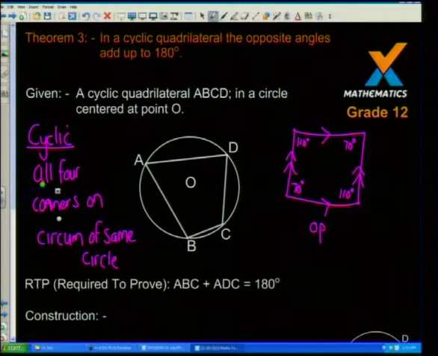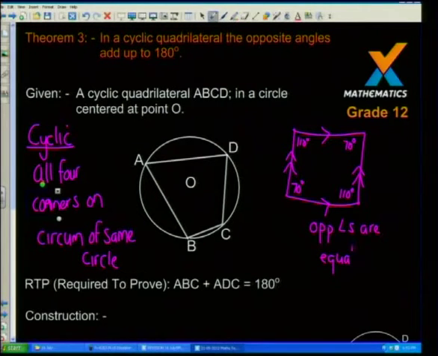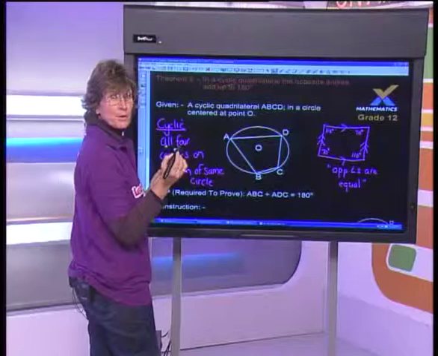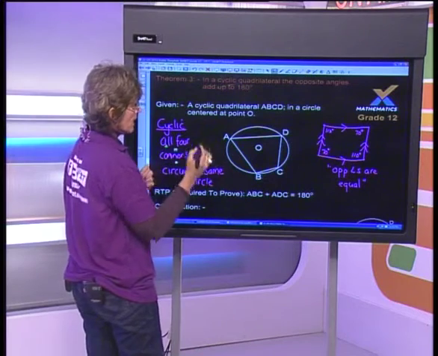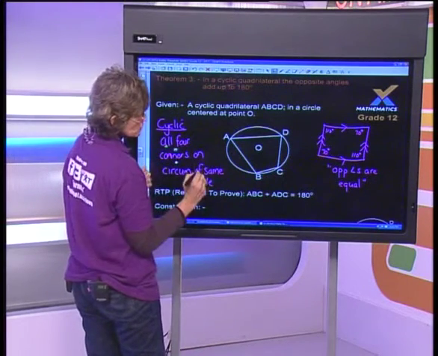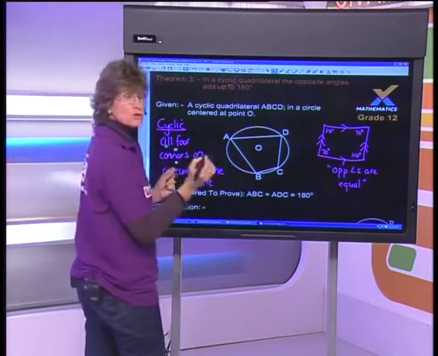Can you see here the opposite angles are equal? This is something a little bit more special. If you have a cyclic quadrilateral, the opposite angles add up to 180. Not that they are equal, but they add up to 180.